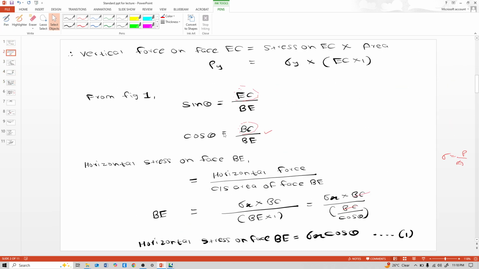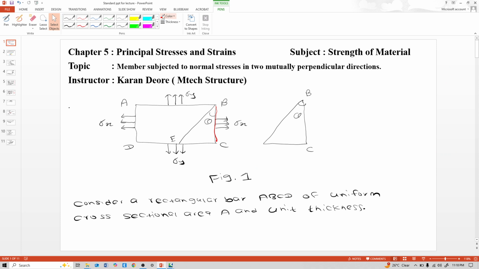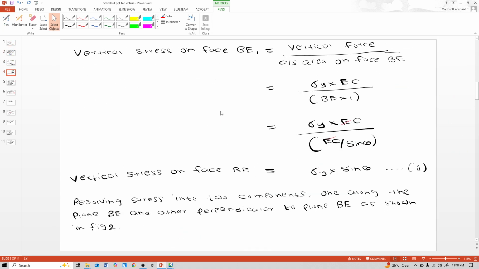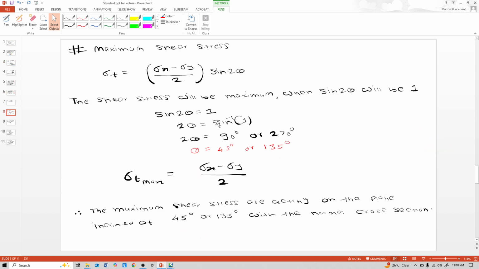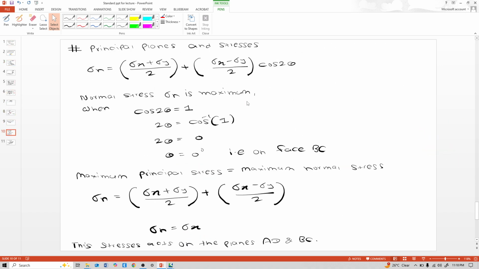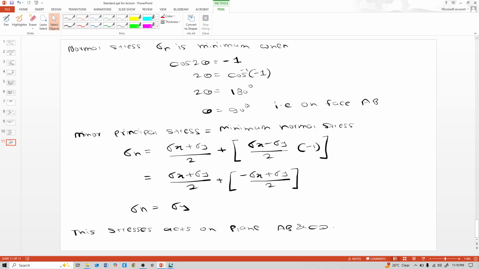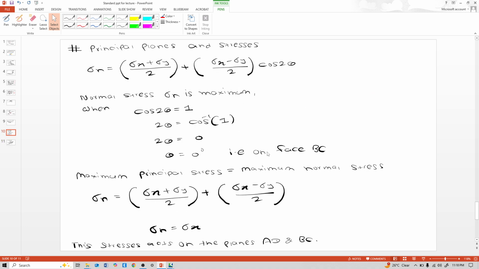So theta is from here to here. If theta is 0, this is on plane BC. So on face BC, maximum principal stress is equal to maximum normal stress.